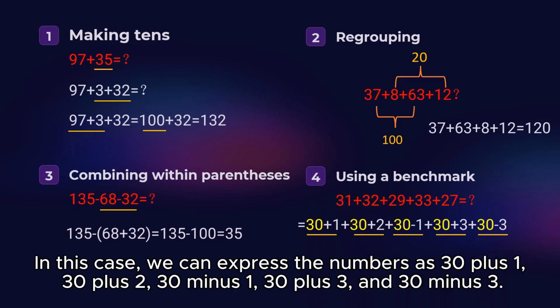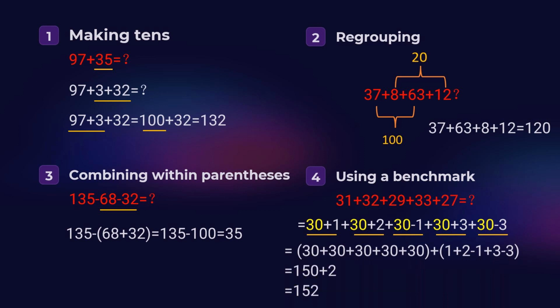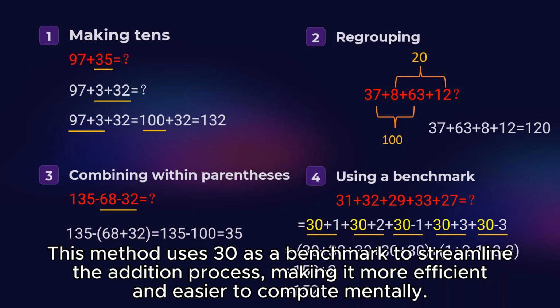In this case, we can express the numbers as 30 plus 1, 30 plus 2, 30 minus 1, 30 plus 3, and 30 minus 3. Combining these rounded values with parentheses and simplifying, we get 152. This method uses 30 as a benchmark to streamline the addition process, making it more efficient and easier to compute mentally.